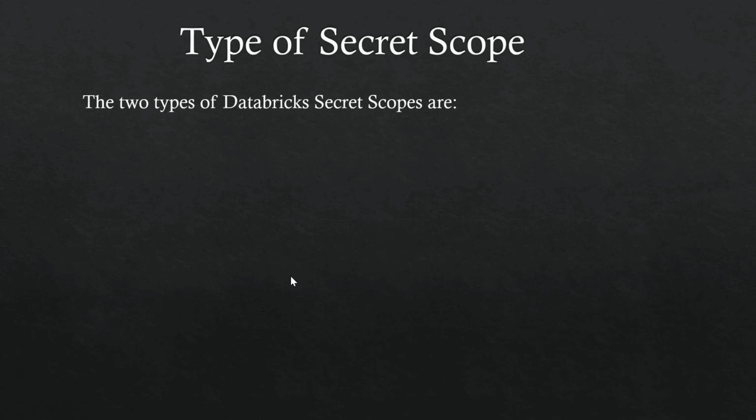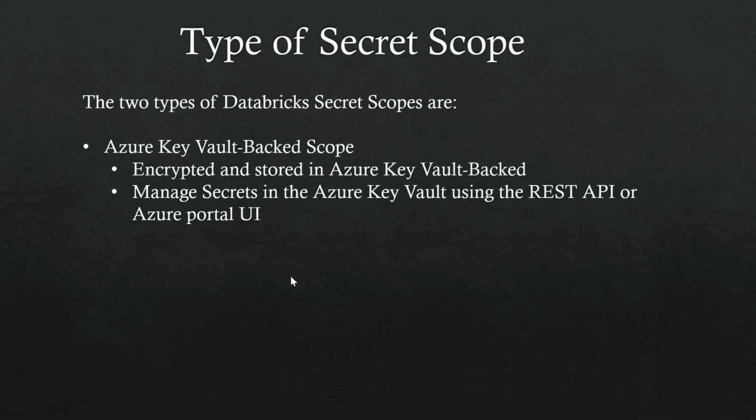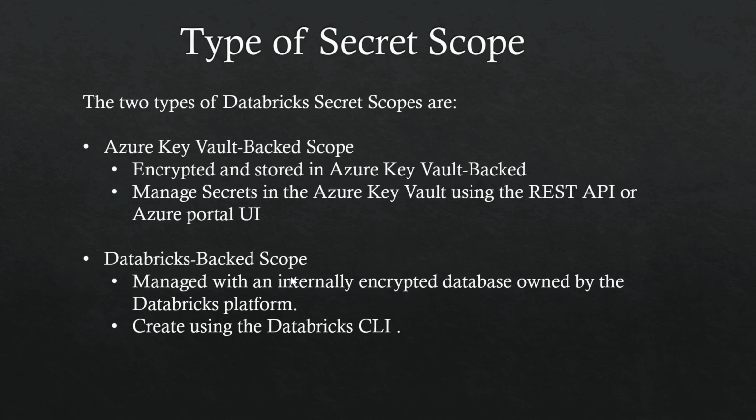The types of secret scope are basically two. One is the Azure Key Vault scope, and the second is the Databricks-backed scope. In the Azure Key Vault scope, the database is present in Azure where you are saving it, and the particular key and value are in an encrypted format. You can manage the secret scope either with the help of the REST API or using the Azure Portal UI.